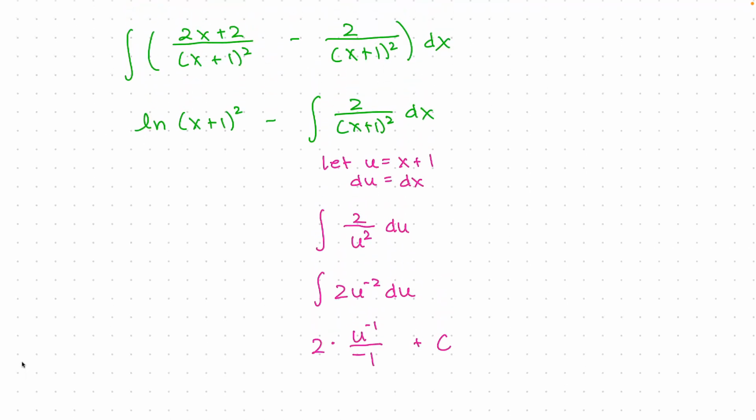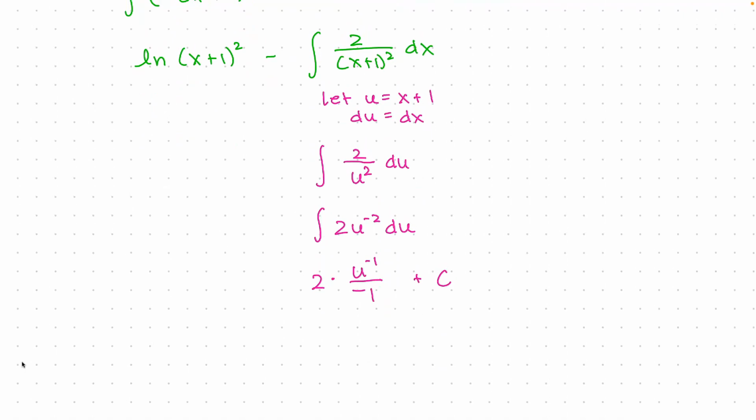So one thing that I'm going to do, let's start cleaning up our work a little bit. I still have this term that I need to bring down every step of the way, but we're ready to go to our answer now.